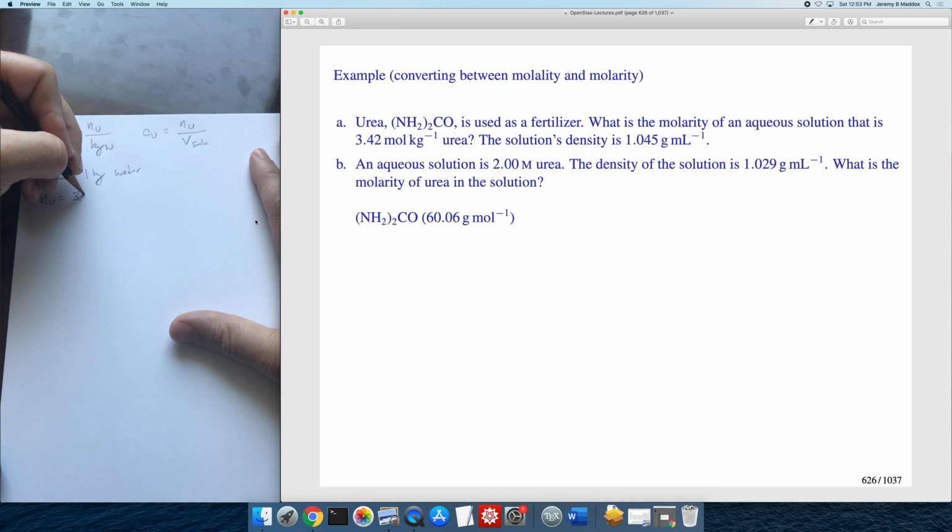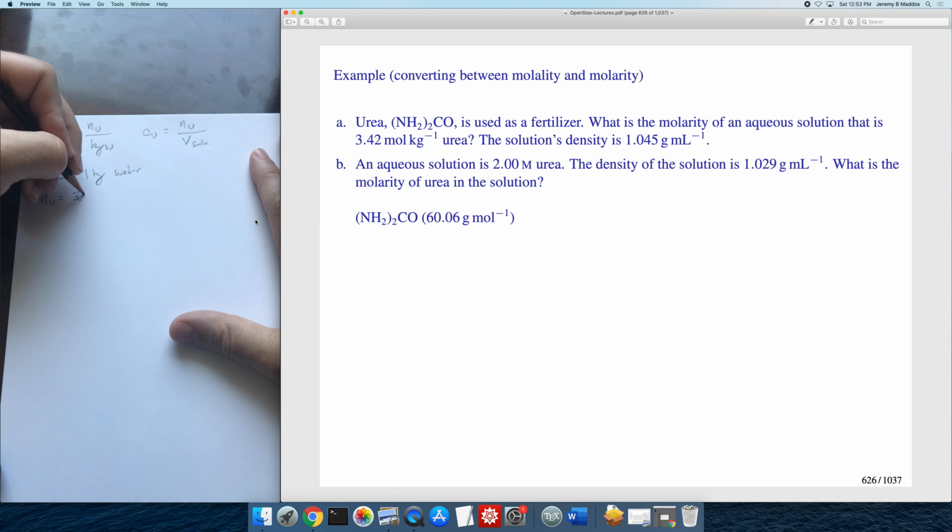That's 2.97 moles per liter. Okay, so that's part A.